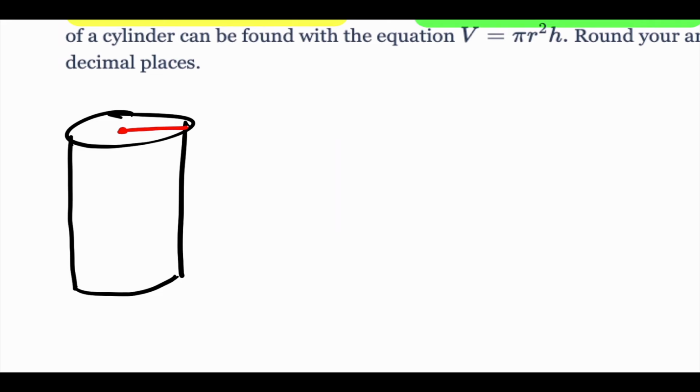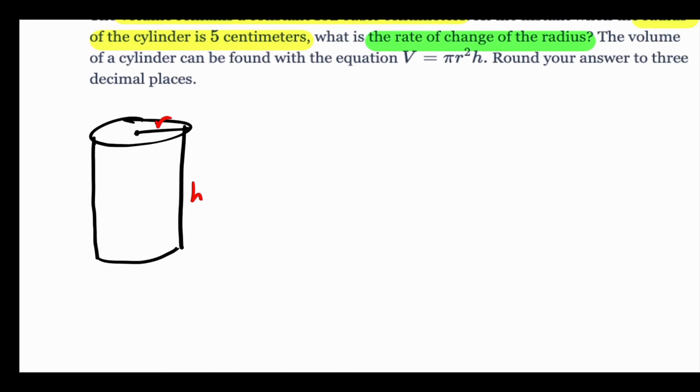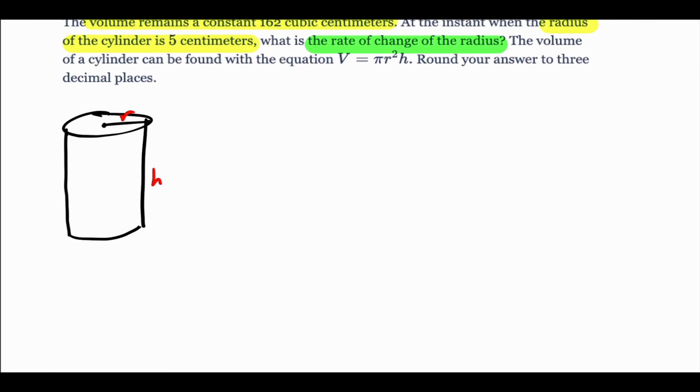The radius is right here. The height is right there. The radius is from the center of the can to the edge. The height is the height of the can. Okay, so that's what they're talking about.